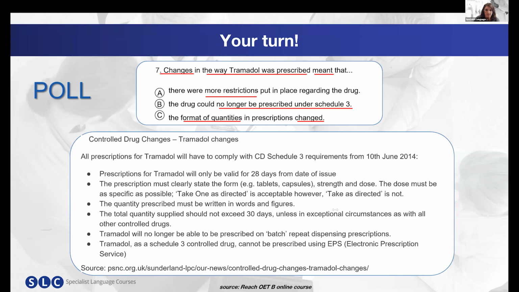Look at the text and decide which answer you think is correct, A, B, or C, and then choose your answer in the poll, which you should be able to see on the screen now.